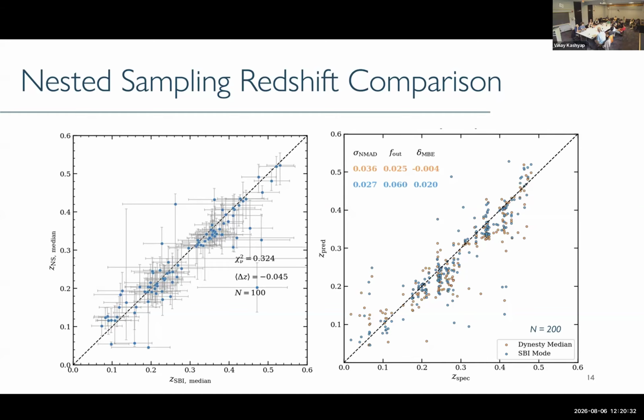The application paper is called Fracking Blast. The lead author is Anya Nugent, the second is Ashley Villar. In the appendix, they do a comparison very similar to yours, except these are for supernova host galaxies. One of the conclusions, if I recall from the conversation, is that the SBI version seems to be more stable than the nested sampling version. I think it's just a more stable approximator. Monte Carlo noise can be large. People underestimate how large this can be.